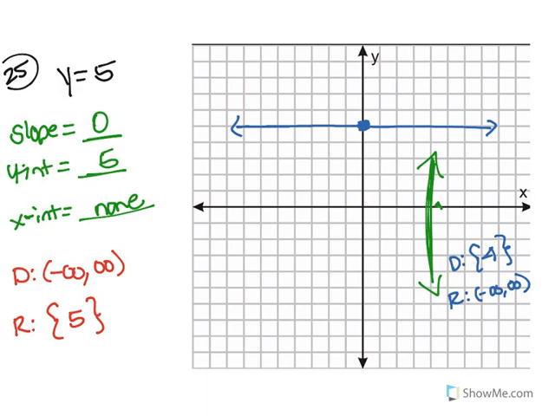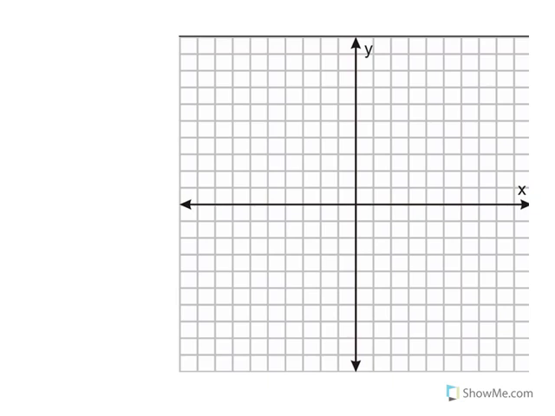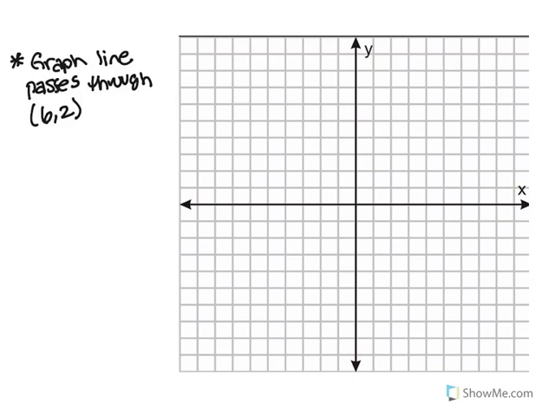This is not on your review, but I want to mention, what if I ask you to graph a line that passes through the point 6, 2 with an undefined slope? I could set it up that way.